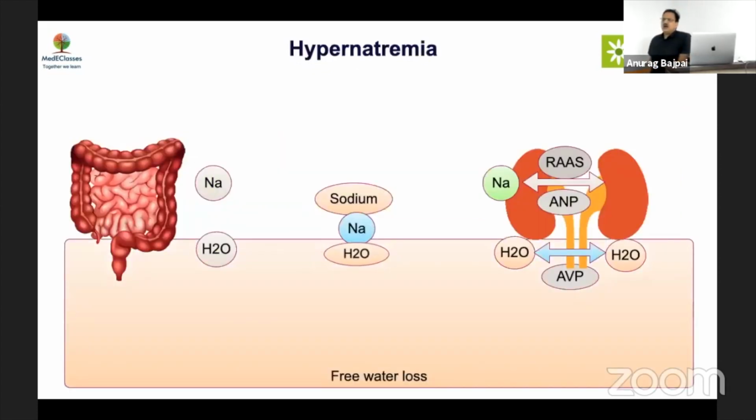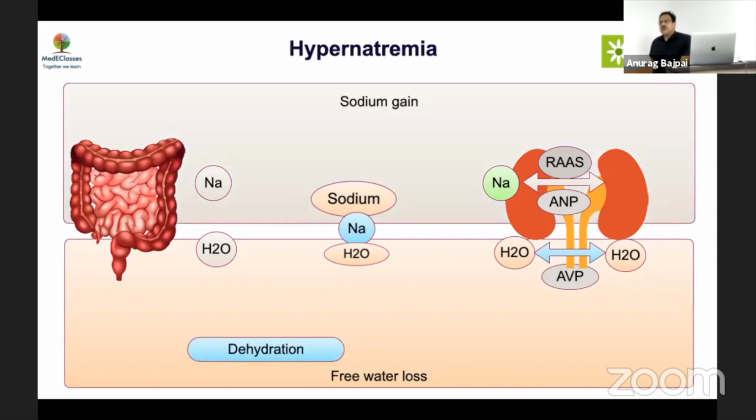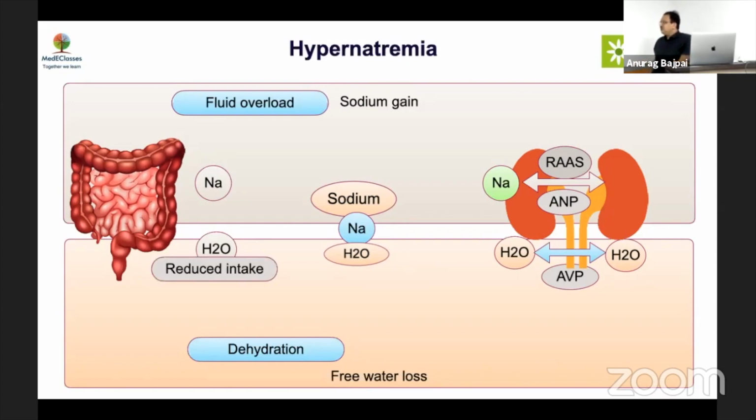Hypernatremia is a rarer picture, but again, it can be because of free water loss, in which you have dehydration, or a sodium gain. Very unlikely to be sodium gain. I haven't seen much. The only condition which we have seen is a breast milk related hypernatremia. Now, this could be because of a reduced intake, or less likely loss. You can have diarrhea. Now, ideally, in diarrhea, you should have what? Hyponatremia or hypernatremia? Most commonly hyponatremia. No, what is the sodium content of the diarrheal fluid?